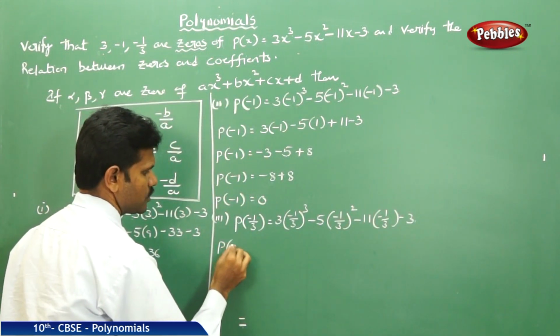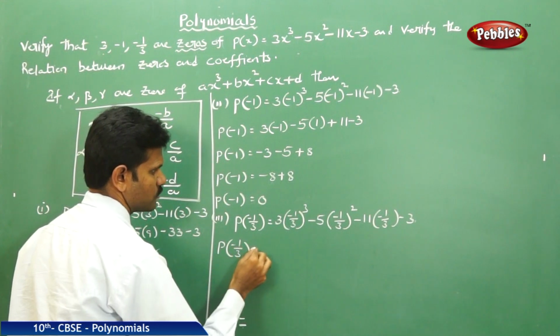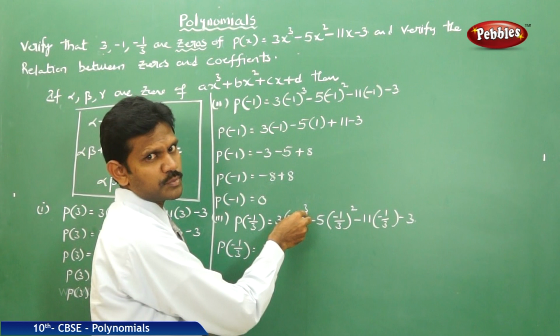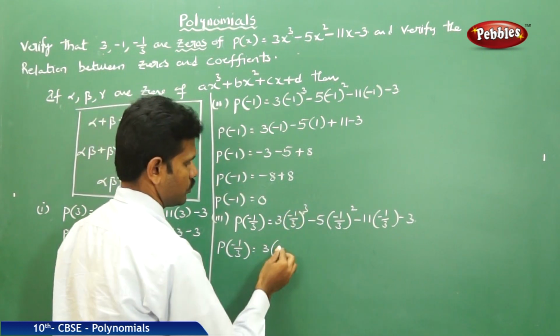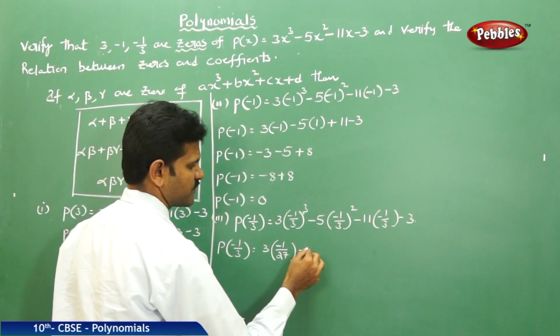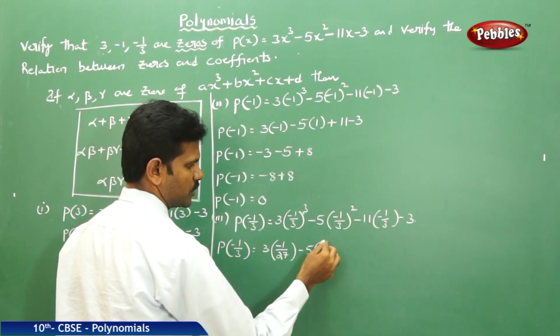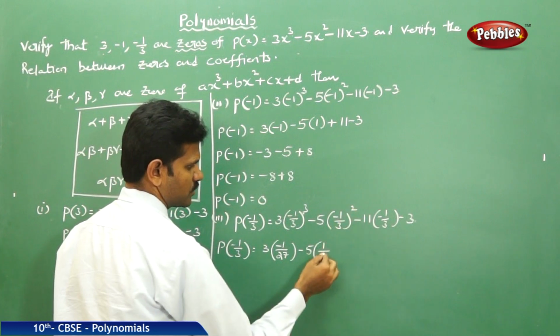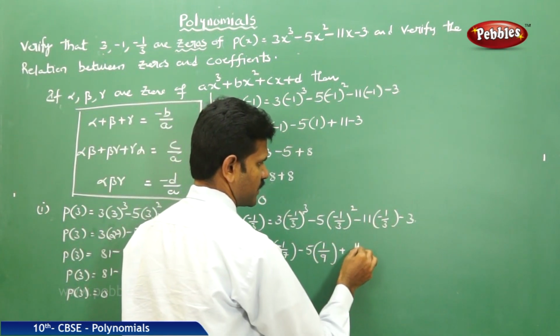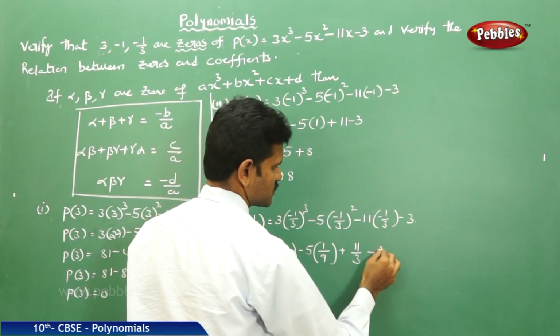Therefore, p of minus 1 by 3 is equal to 3 times, as per your previous knowledge, the exponent is 3 here, so minus 1 by 27, minus 5 times, the exponent is an even number, that is 1 by 3 square, nothing but 9, minus into minus is plus 11 by 3, minus 3.